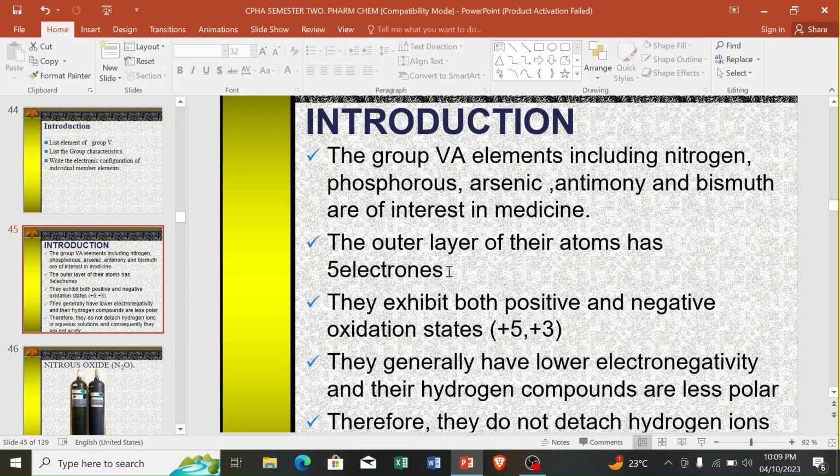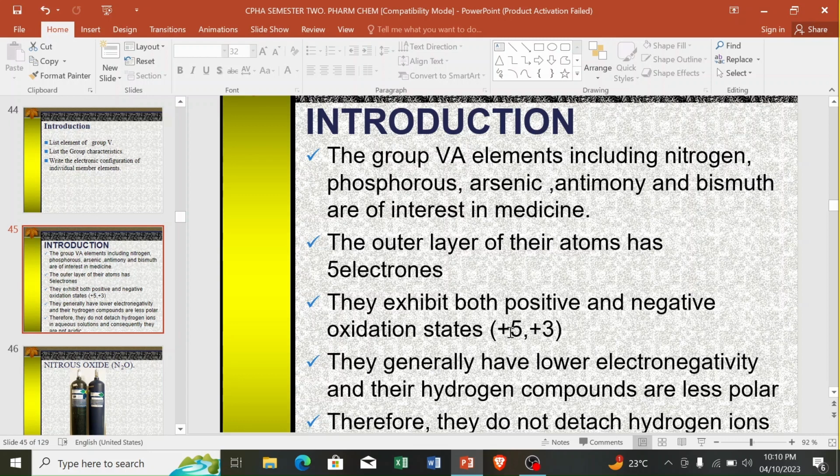However, group 5 has 2 valencies. One is how many electrons are contained in the outermost shell, and the other is from the maximum electrons a valence shell should hold to obtain the noble gas structure. So 5 is the number of electrons in the outermost shell, and then we have 3 because 8 minus 5 gives 3.